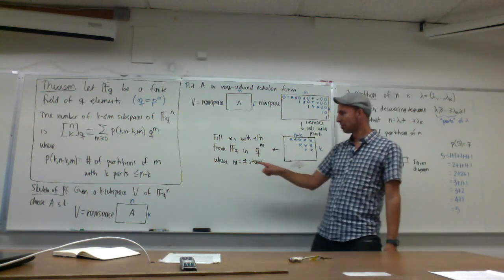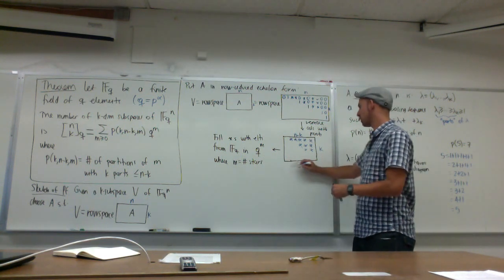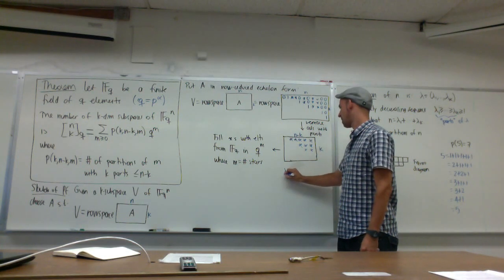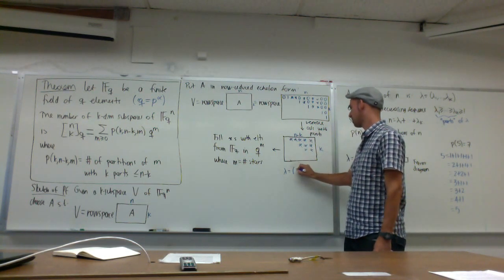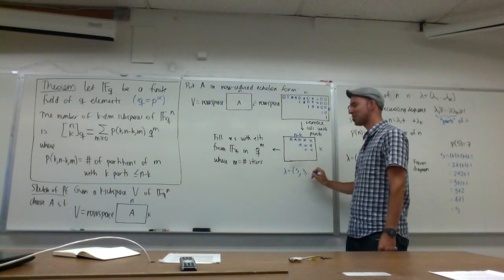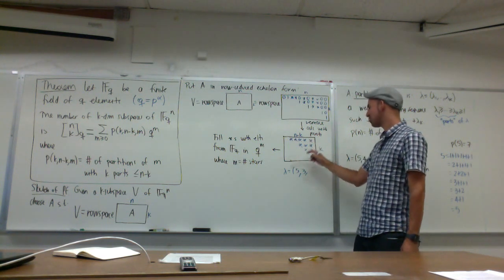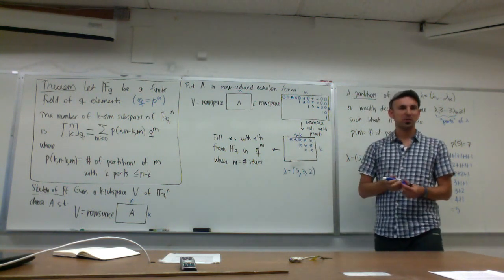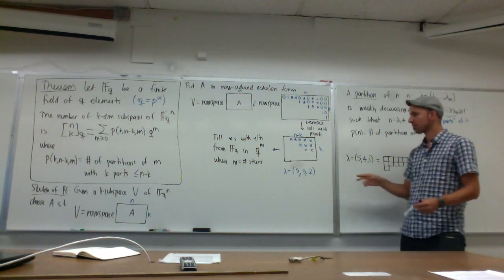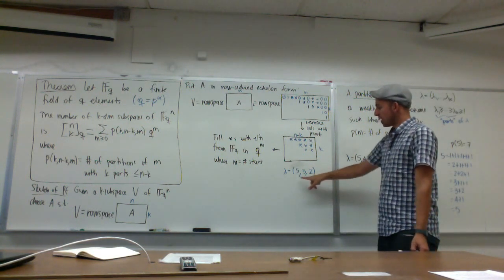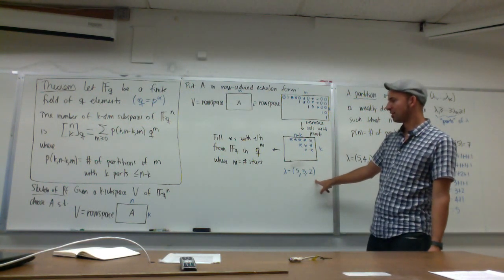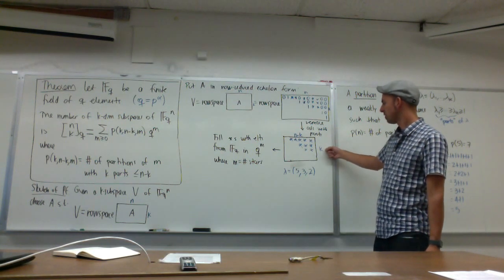This is a partition. In this case, my partition is lambda equals 5. Again, this is not English notation. This is in some other notation, but this gives me a partition 5, 3, 2. And this is a partition of 10 that has k parts.